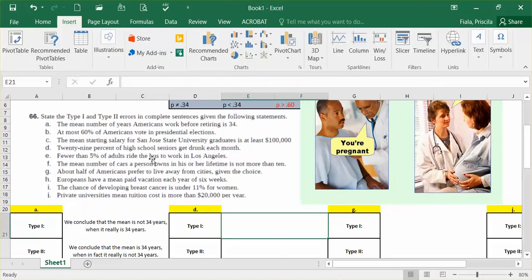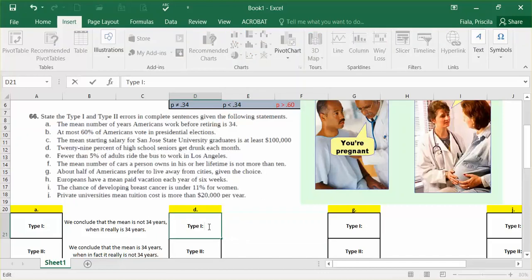The 25%, well, we're dealing with proportion, high school seniors who get drunk each month. So let's see if we can first define it here. I believe that will make it easier. So 25% of seniors, so we know that my H0, and we're dealing with the percentage, 25%, therefore equals 25%.